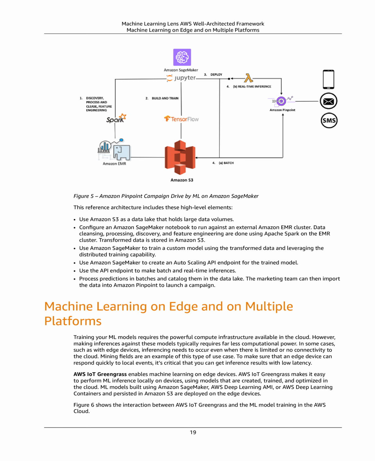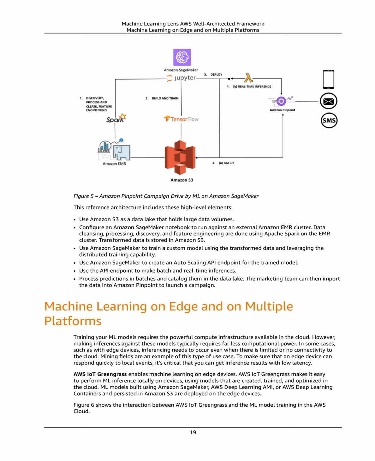Use Amazon SageMaker to train a custom model using the transformed data and leveraging the distributed training capability. Use Amazon SageMaker to create an auto-scaling API endpoint for the trained model. Use the API endpoint to make batch and real-time inferences. Process predictions in batches and catalog them in the data lake. The marketing team can then import data into Amazon Pinpoint to launch a campaign.